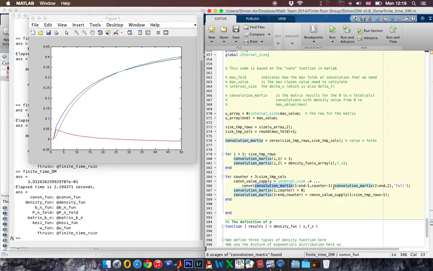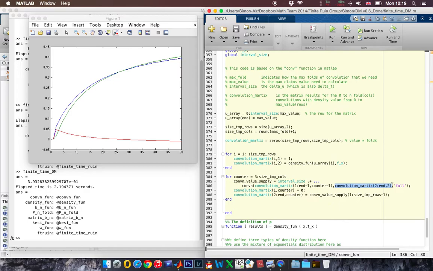If you want to calculate the four-fold convolution of little p, the only thing you need to do is take the already calculated three-fold convolution and convolve it with the density function of p itself, which is already the one-fold convolution of p.